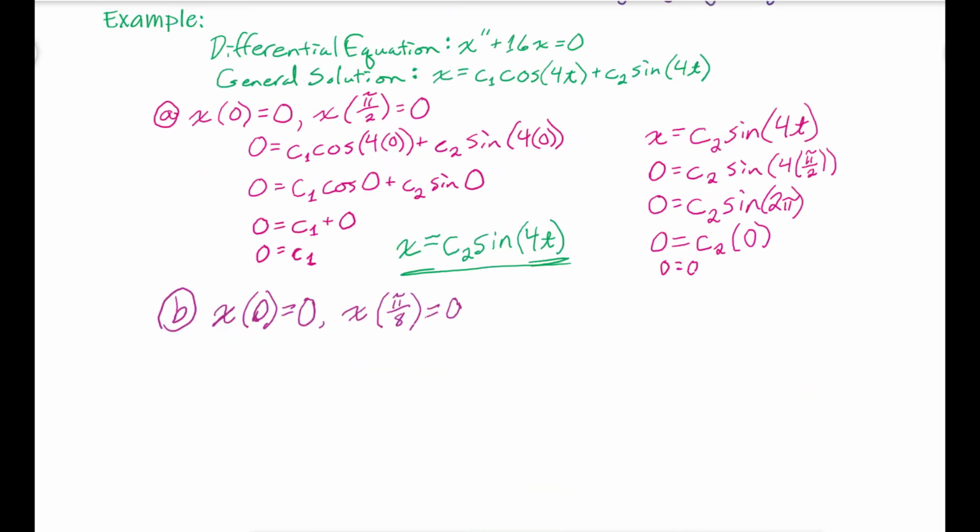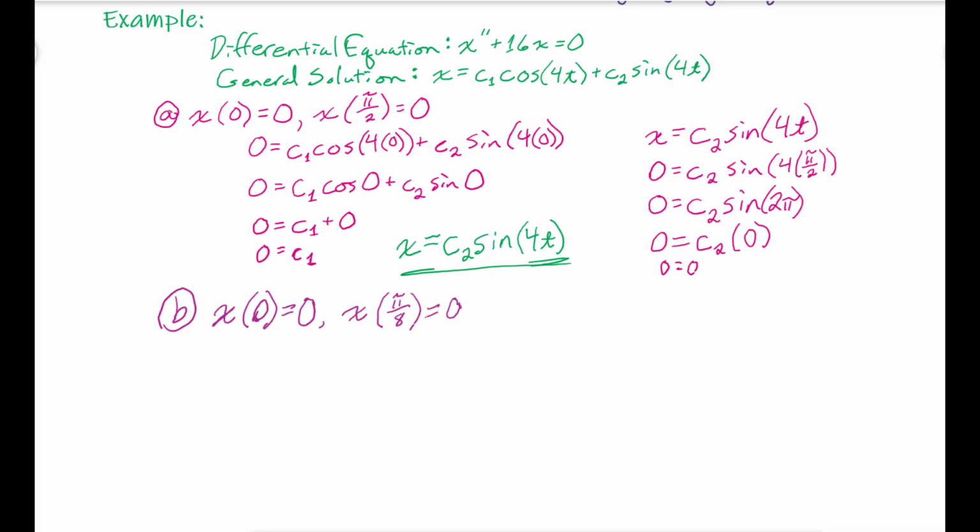Now let's instead consider if we were given the boundary conditions x of 0 equals 0 again, but now x of pi over 8 equals 0. We follow the same process, so by plugging in 0 for x and 0 for t, I know that I'm going to find that c1 needs to be 0, as I did in my first example.